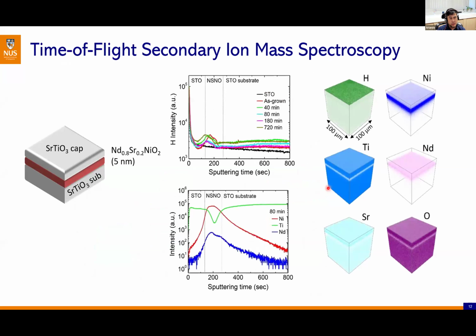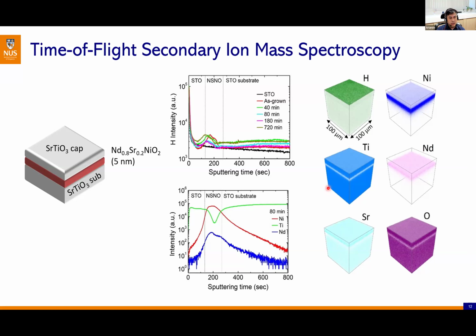All right, so using these two samples, we do the comparison study using time of flight secondary ion mass spectroscopy. So this is the hydrogen intensity showing negligible enhancement in terms of intensity with respect to, for example, the STO or the as-grown perovskite phase for these thin film samples with a capping STO.